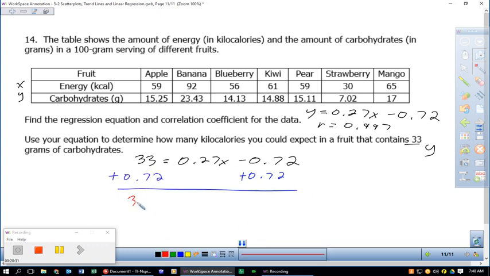So we get 33.72 equals 0.27x. Dividing by 0.27, 33.72 divided by 0.27 gives us 124.89. So x equals 124.89 kilocalories.